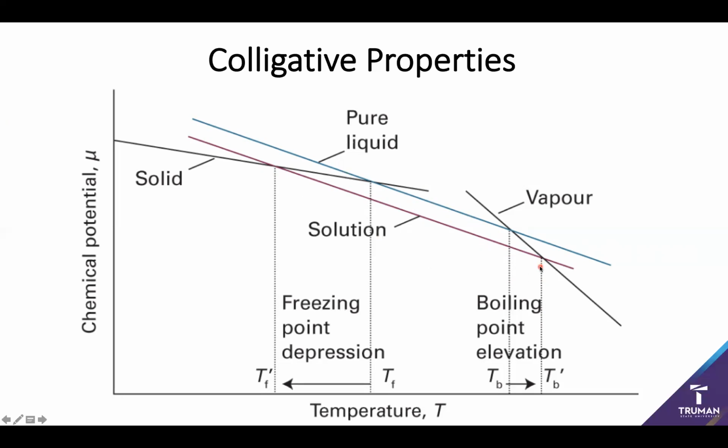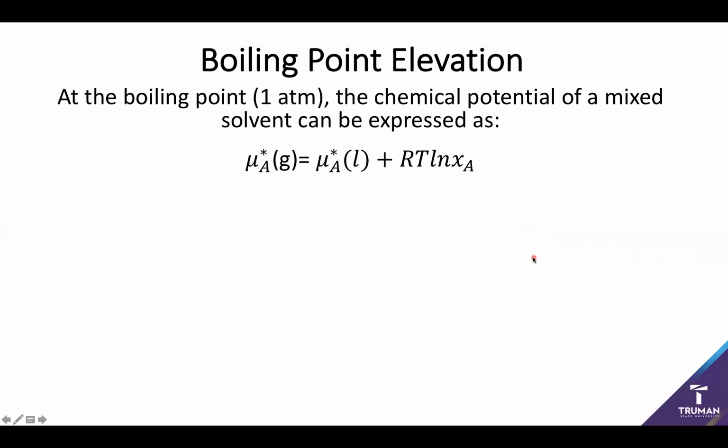In order to do this, we're going to focus on the boiling point elevation. What we're trying to determine is how the temperature of vaporization is going to change along with composition. We're going to do this by looking at chemical potential. Vaporization is going to occur when the chemical potential of my gas, again at standard state conditions, so this includes 1 atm, is equal to the chemical potential of my liquid.